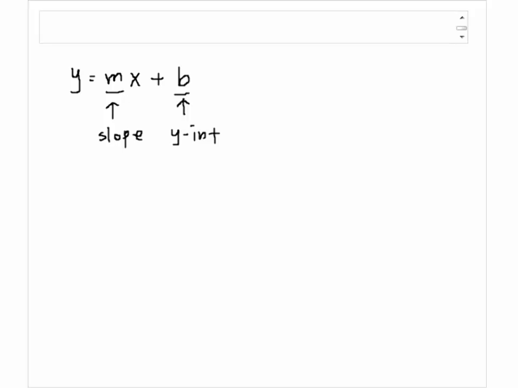Given that the slope is 3 and the y-intercept is 4, by plugging in these two values, we have y equals 3x plus 4.